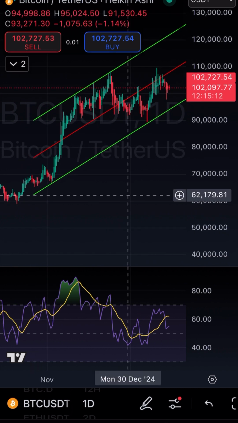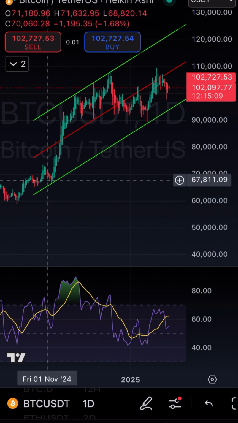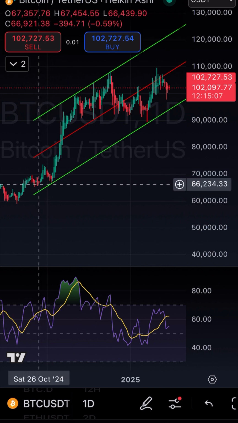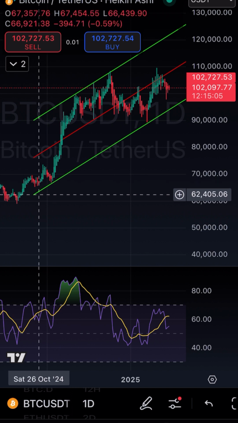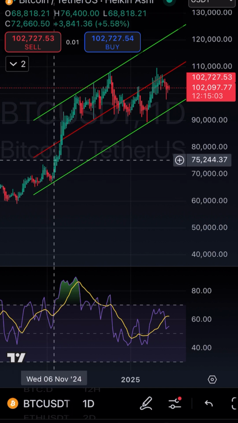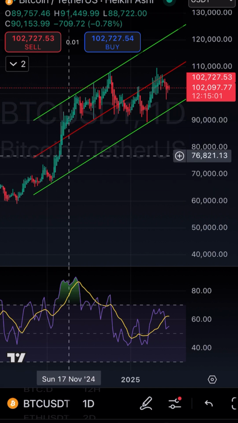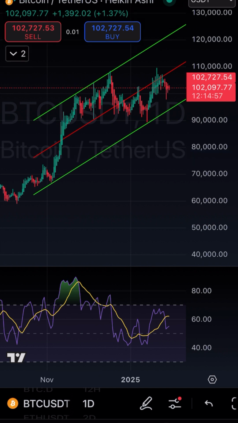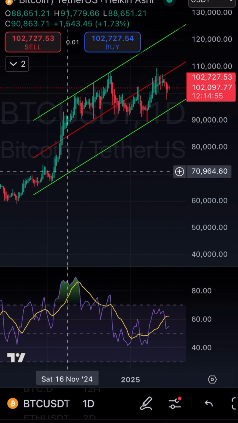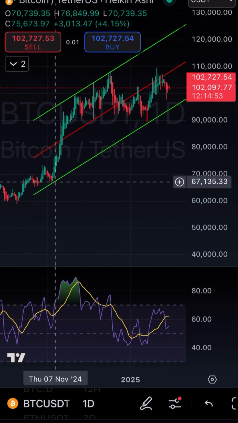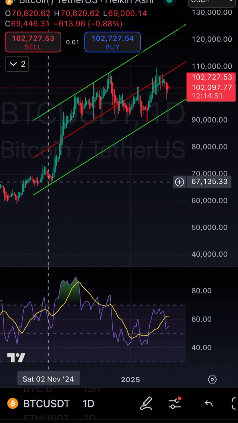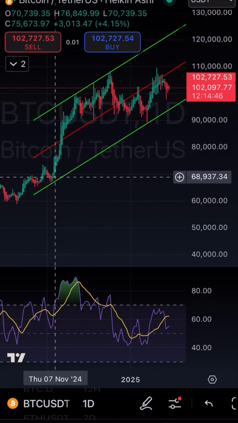What you will notice is that you can basically ride this out into gains because you're in an ascending channel. You would enter your trade every time the candle gets close to the bottom of this trend line, and that's when you enter.